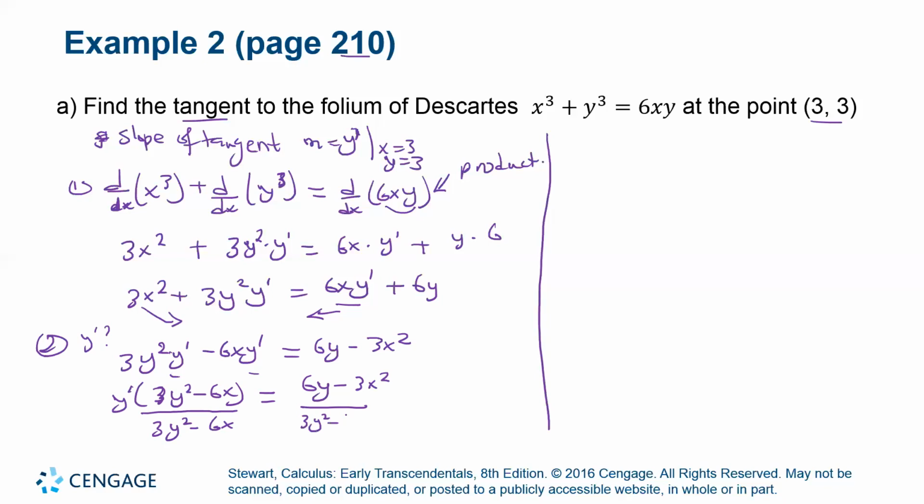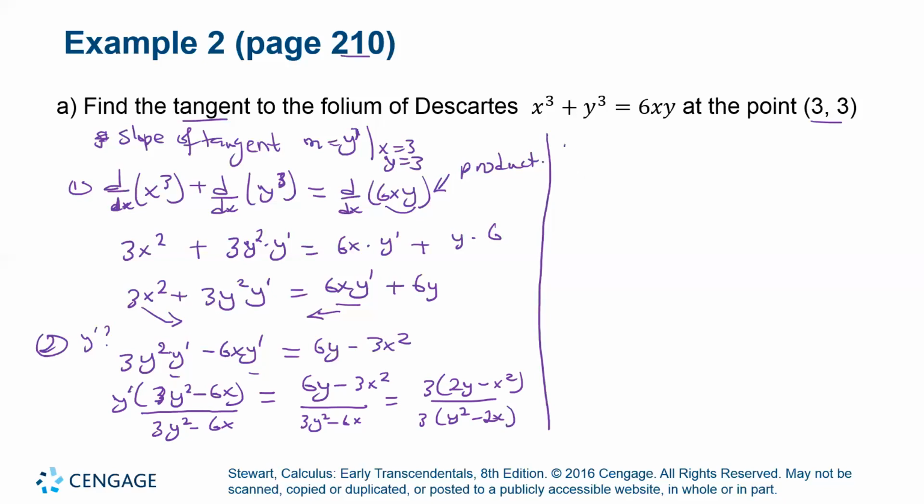Now this will simplify: in the numerator, factor 3 out, you get 3 times 2y minus x squared, and the denominator, 3 times y squared minus 2x.